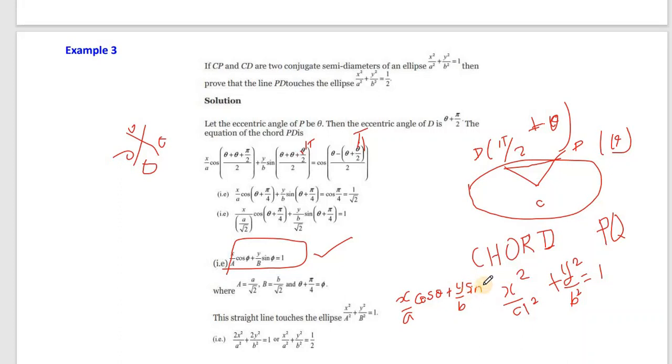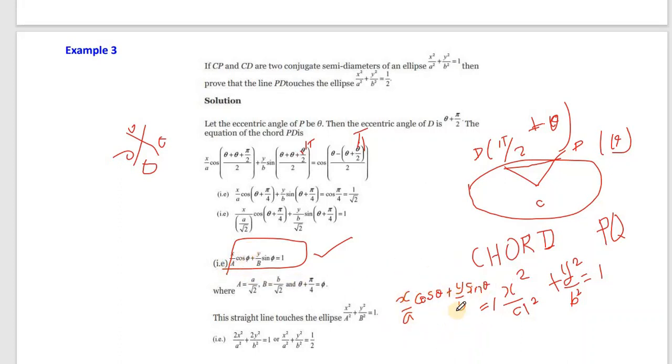So if you compare this equation with this, we have taken phi to be theta plus pi by 4. So this is what we have. So this is in this form.